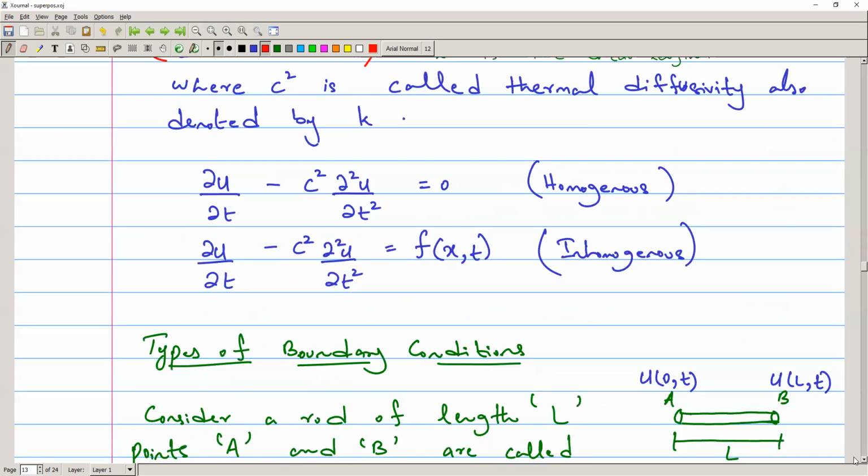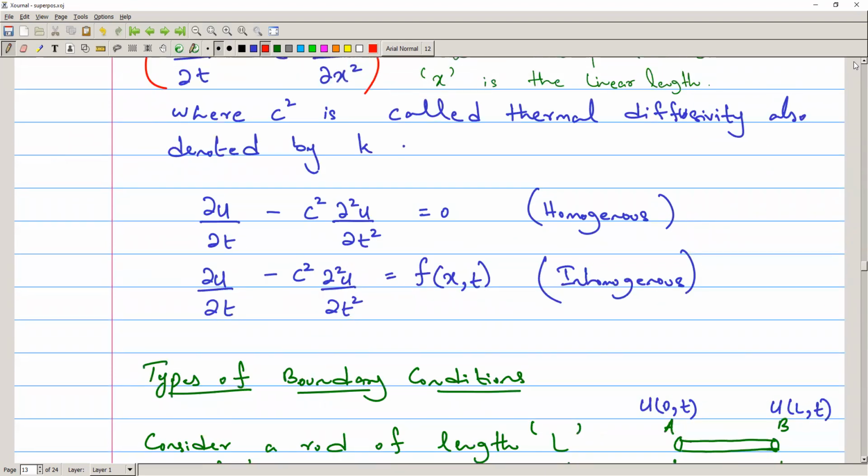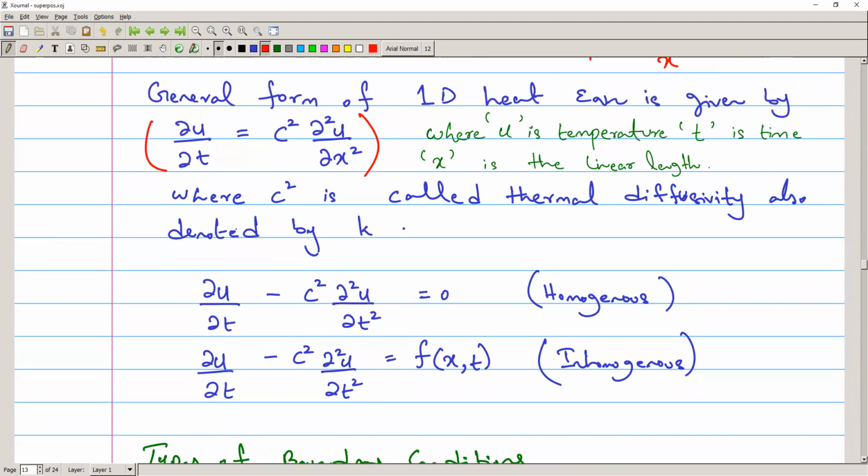So now we can see that the partial derivative ∂u/∂t represents the change in temperature with respect to time, and then on the right hand side we have the second partial derivative with respect to x.